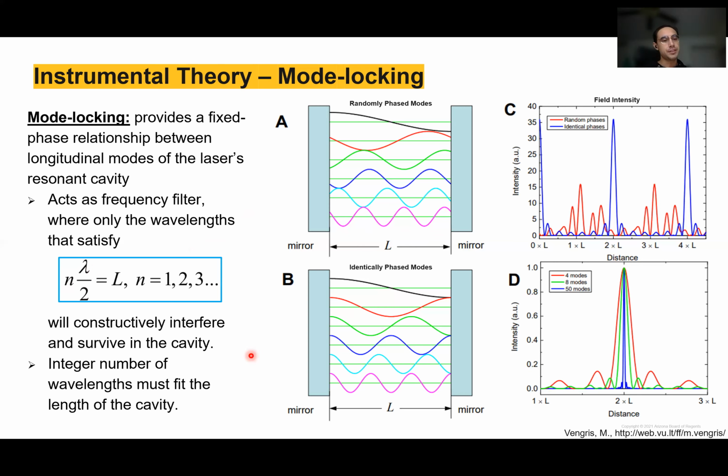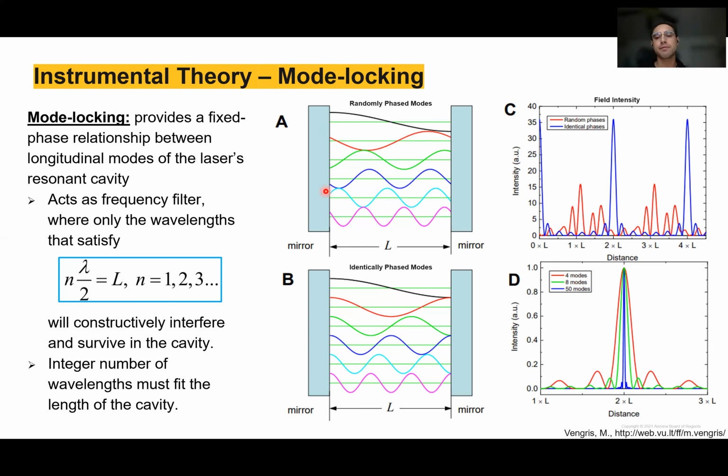An integer number of wavelengths has to fit within the length of the cavity. Shown here in panel A, we have an example of randomly phased modes of light. And here in panel C, we show the field intensity at different distances.